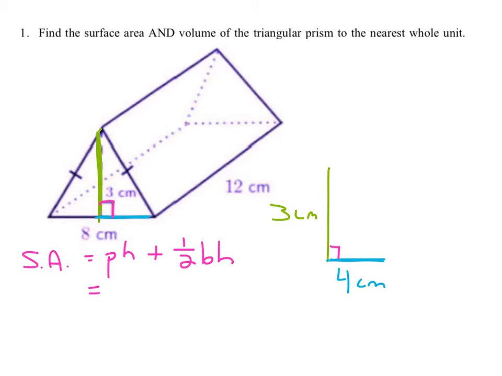Remember, this stuff is not to scale, so don't worry that the green side looks like it's longer than the blue side. It doesn't matter what it looks like, okay? And what we're trying to find is this length right here because that's part of the perimeter of the triangle in orange, okay? So how do we find it?